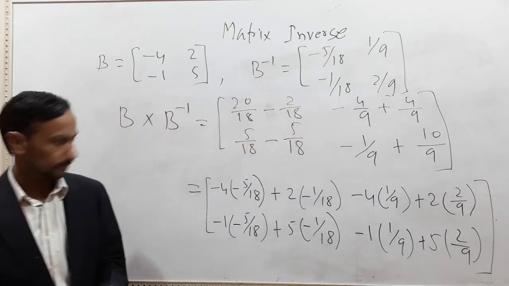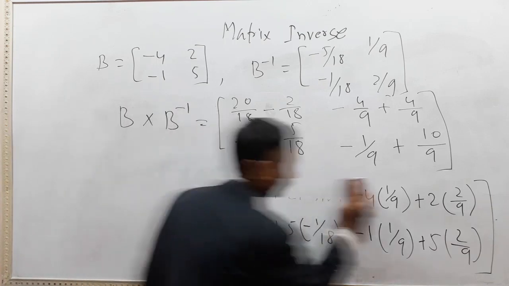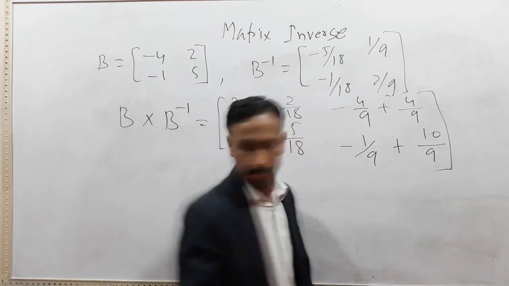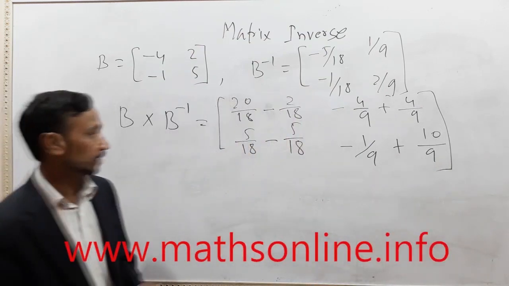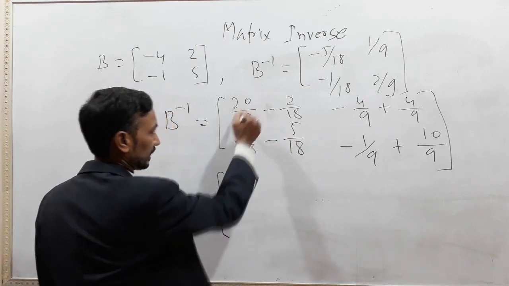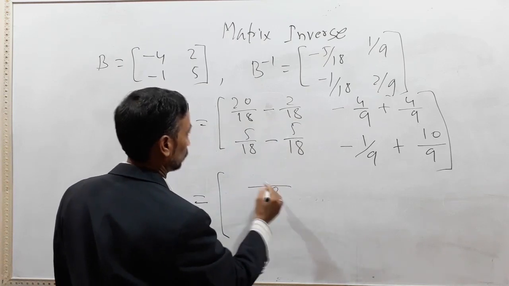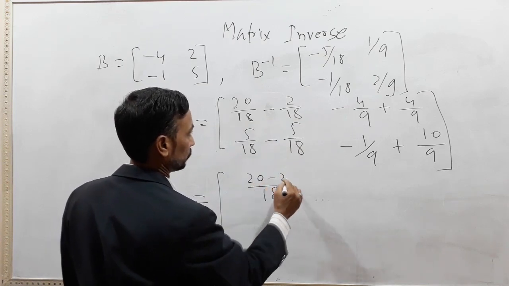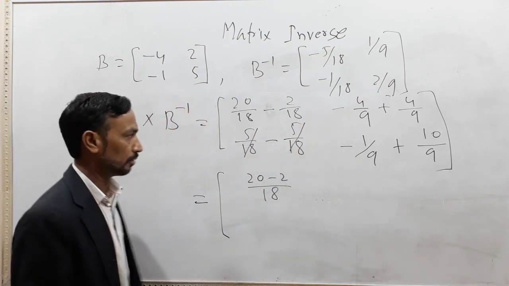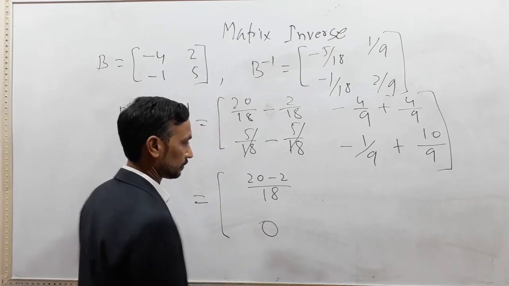Clear. Now I can rub it off. Very simple. So you can cancel here, or you can straight away take the LCM. So it's going to be 18, 20 minus 2, and minus 5 over 18 and plus 5 over 18 are cancelled, so the answer is 0.